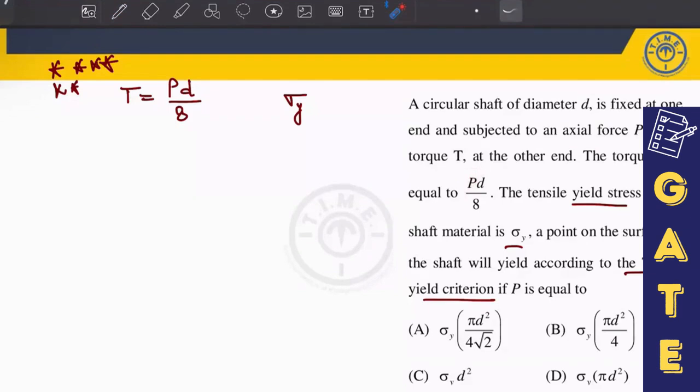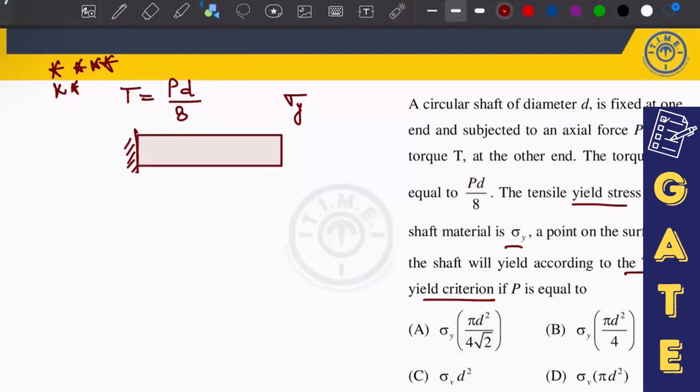One particular shaft has one end fixed, and if you see, this is your circular shaft. One end is fixed, the other end is subjected to a load P, and there is one more load acting as a torque. So this is basically a combined state of stress, in which the axial load is there, and shear stress is also there because of the torque.